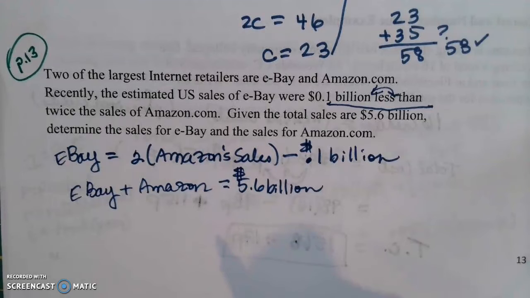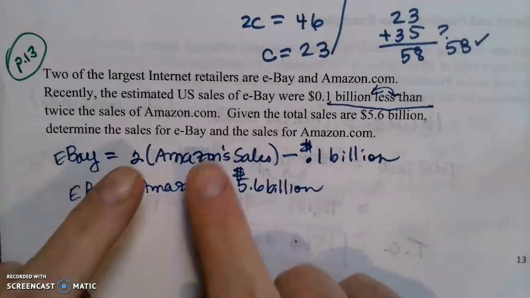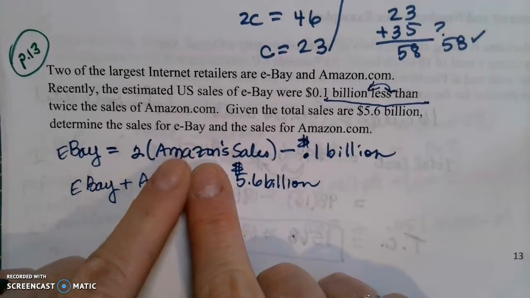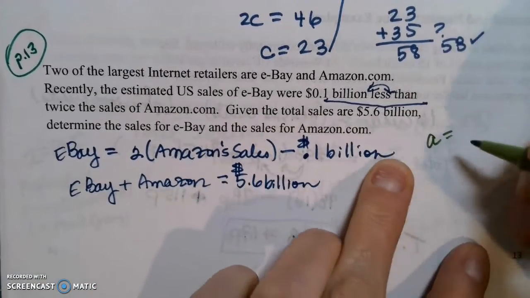You're saying, okay, that's all great, but how am I going to get this into a shape with a single variable so I can solve it? What I would recommend is to use a variable to represent Amazon's sales, and I'm going to use A just to help me remember that it's for Amazon.